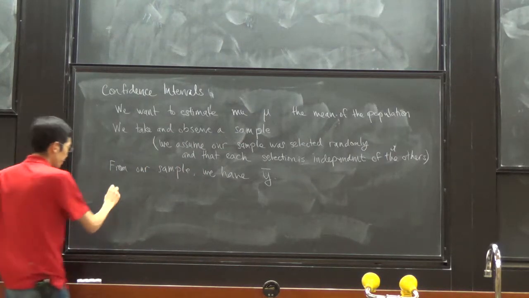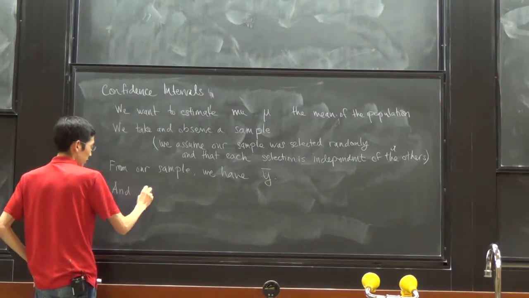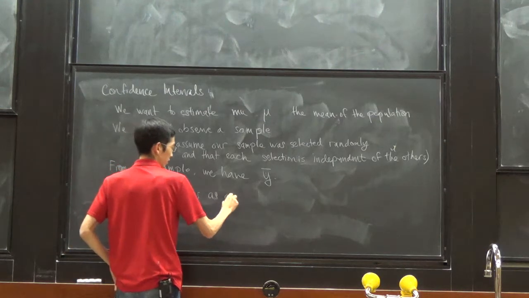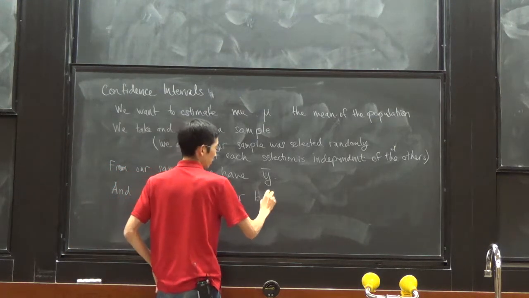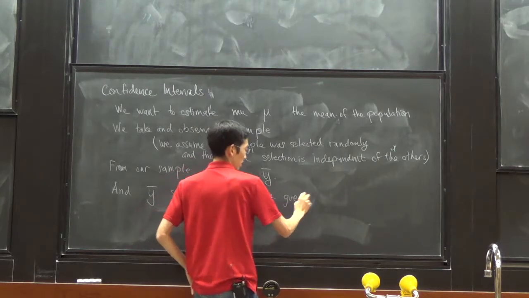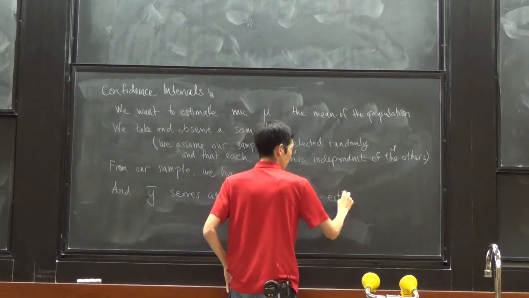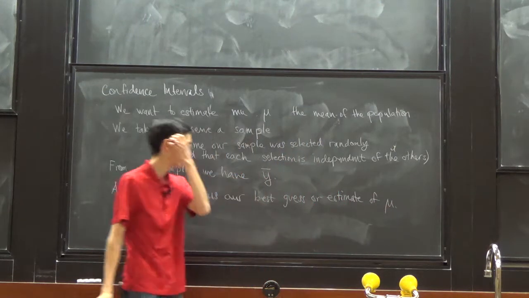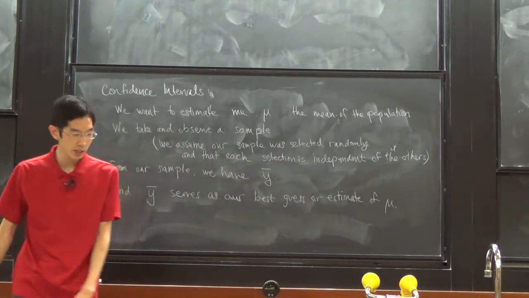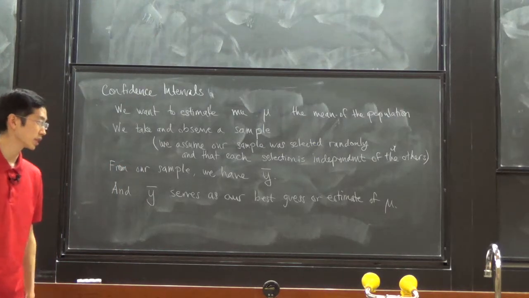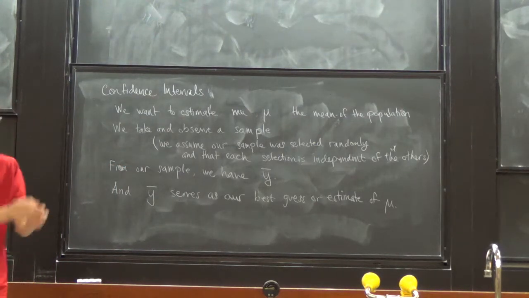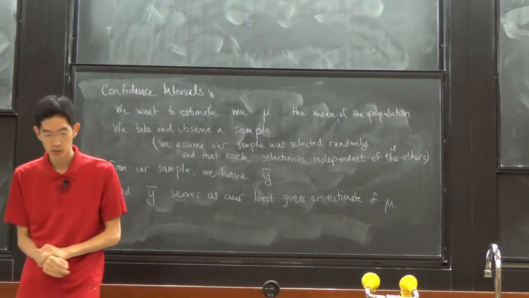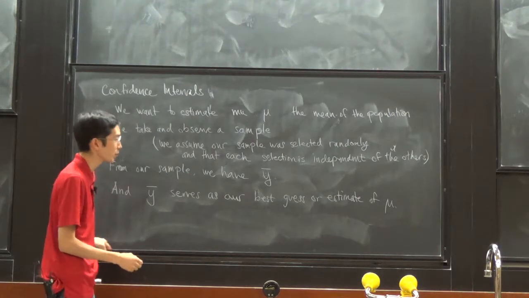And y bar serves as our best guess or estimate of mu. But we also know that it's very unlikely for y bar to be exactly equal to mu, so we create a small range or small interval of plausible values of mu.